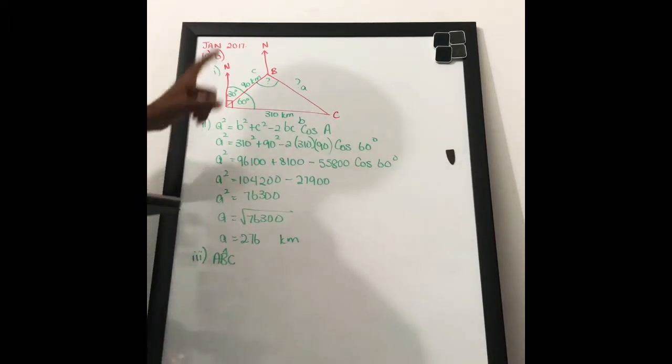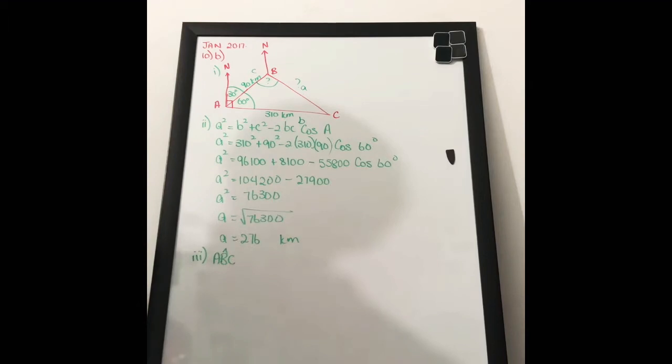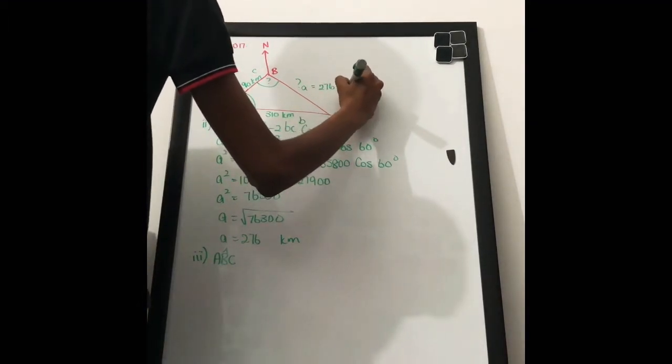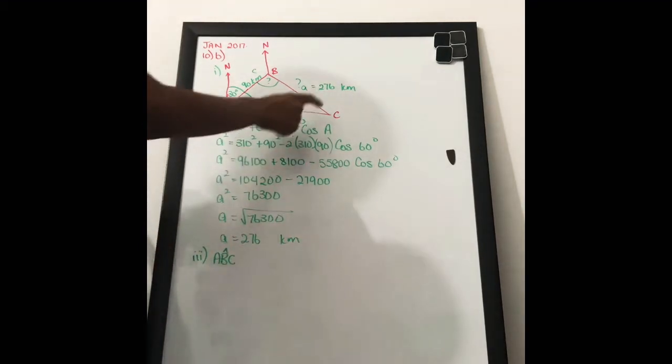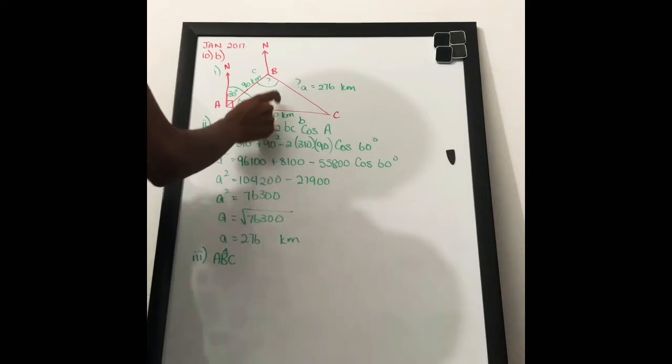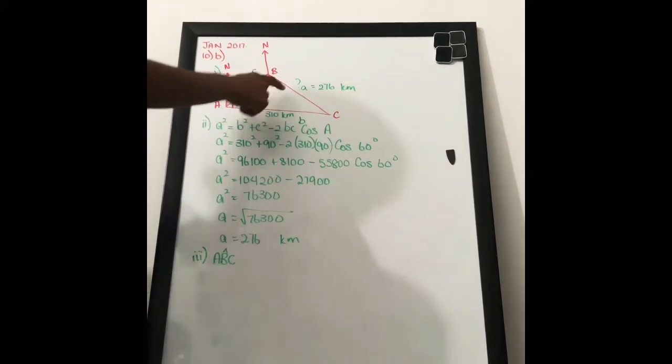So we could use the cosine rule or the sine rule in this case, right? Because we know that A is 276 kilometers. If we're using the sine rule, it will be A over sine A equal to B over sine B, and we'll be able to find this side here.